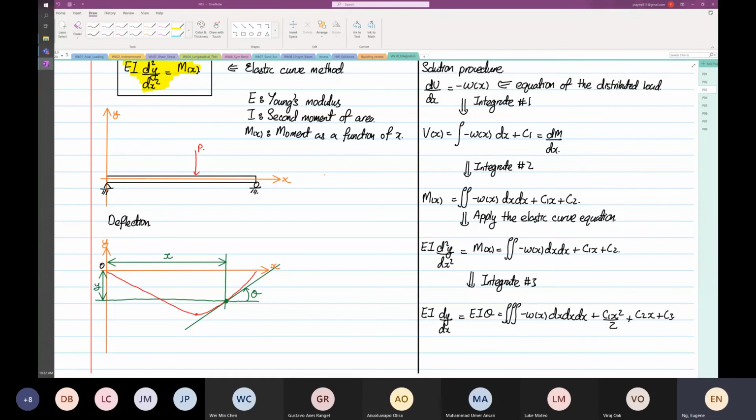Finally, before we go into a break, we integrate the fourth time. So this is equal to EI y, which equals minus omega as a function of x integrated four times, plus c1x cubed over 6 plus c2x squared over 2 plus c3x plus c4. Can you scroll down, please?